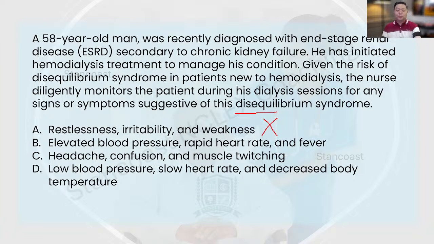The elevated blood pressure, the rapid heart rate, and also the fever can be manifested by other issues, maybe fluid volume overload or maybe electrolyte imbalances. And the fever is associated with so many other disorders, maybe associated directly with infection. And so we are going to eliminate that because it doesn't really suggest the disequilibrium syndrome.